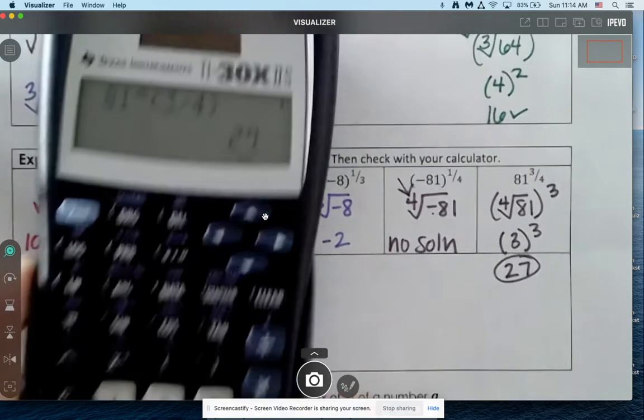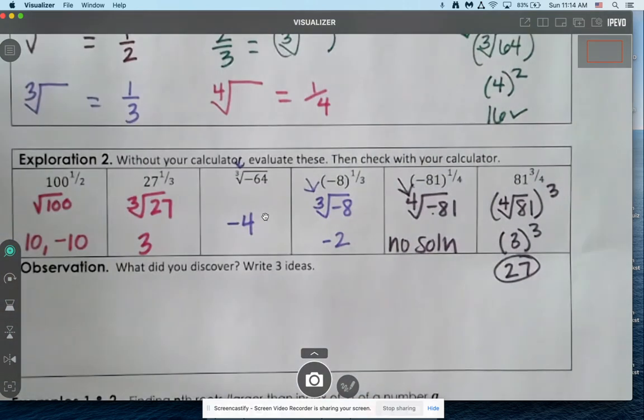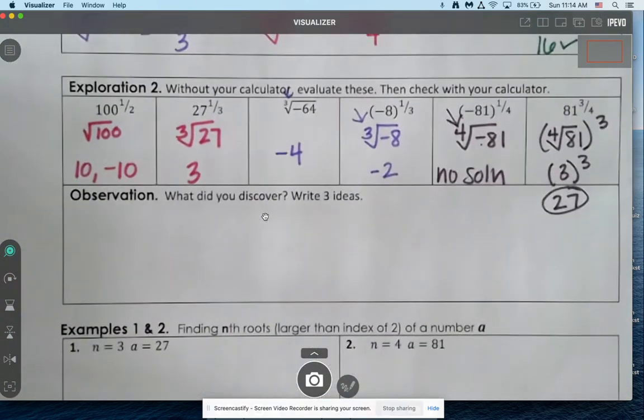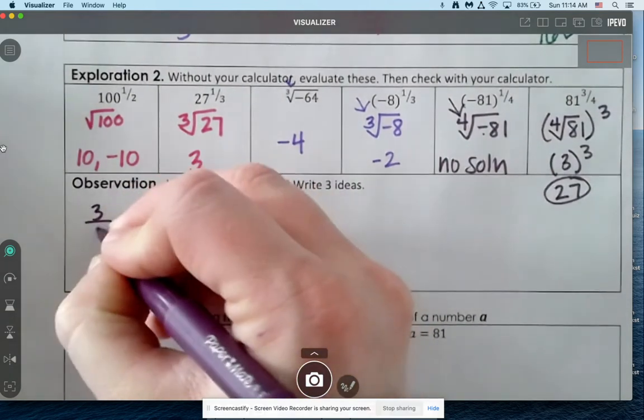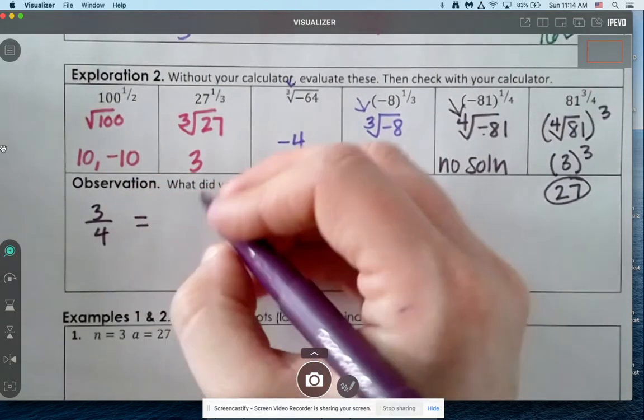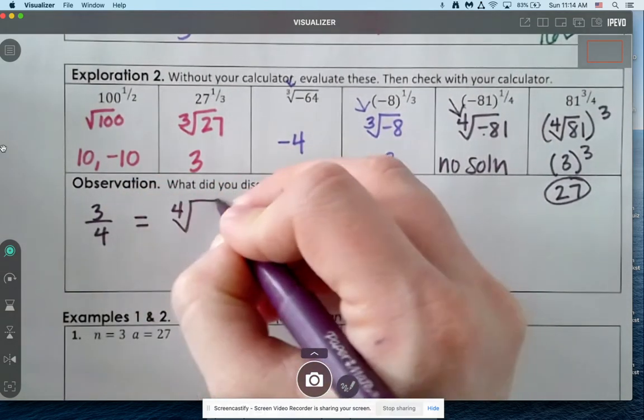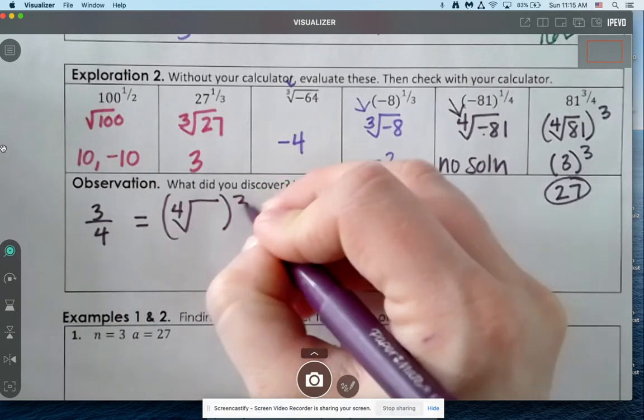Guys, I know this is kind of confusing, and it's kind of like you're jumping back and forth with your calculator and your brain, and I know it's kind of a lot, but I'm just trying to introduce you to something that you probably won't see again until Algebra 2. So just think of this more as an introduction. Some observations we noticed here. Well, let's write this one down. The 3/4 power is really like thinking the 4th root cubed of that number.